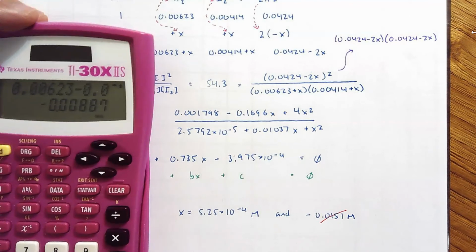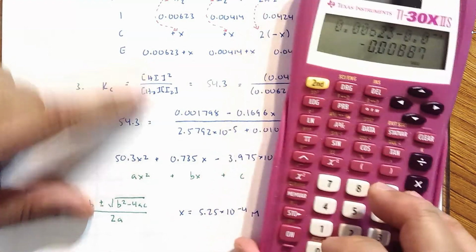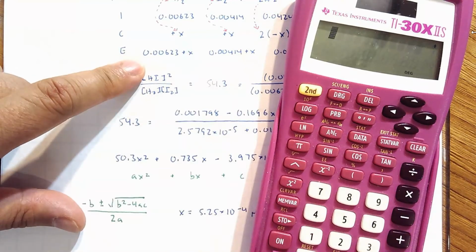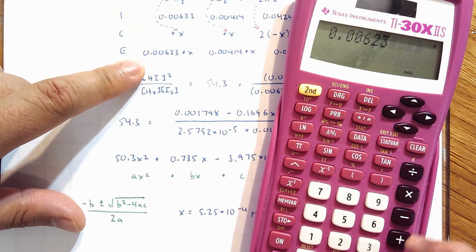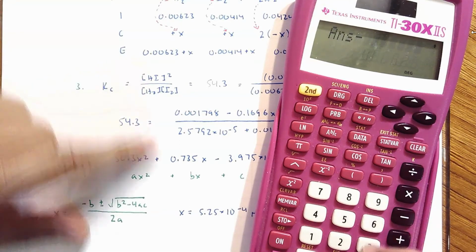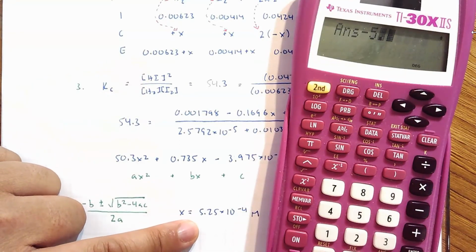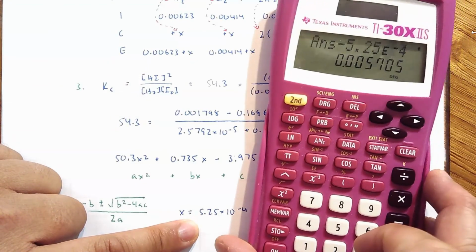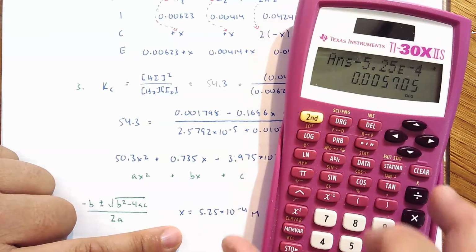And see what numbers we get. They're tiny, but I think we'll be able to see a difference. 0.00623 minus x, 5.25 times 10 to the minus 4. Okay, yeah, I'm good with that.